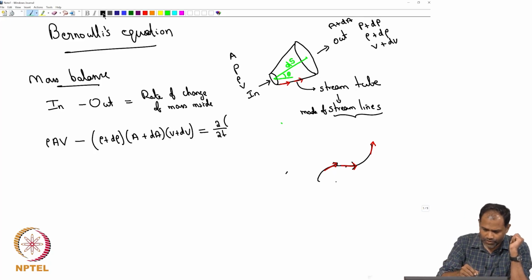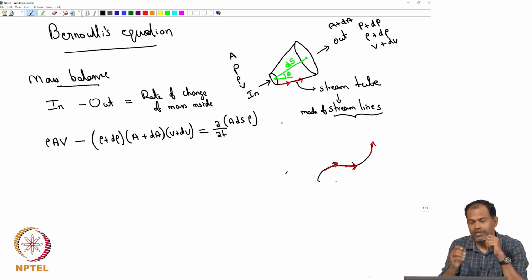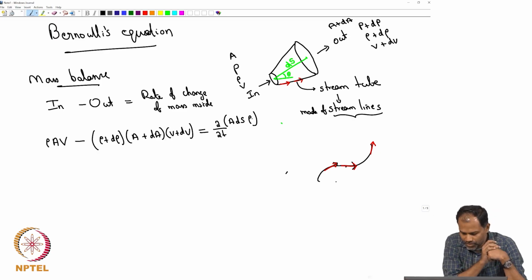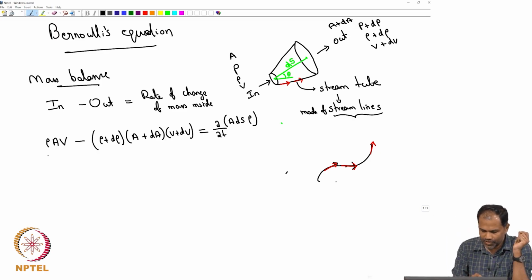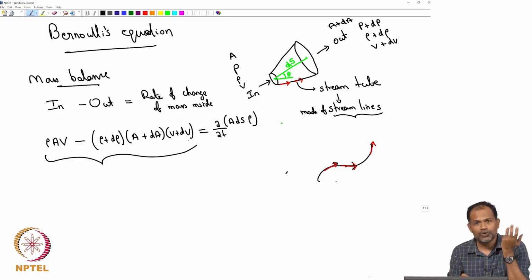So, the volume of this is approximately A times ds, and times density it is going to be the mass in the system. So, this is nothing but really the change in rho into A into V.